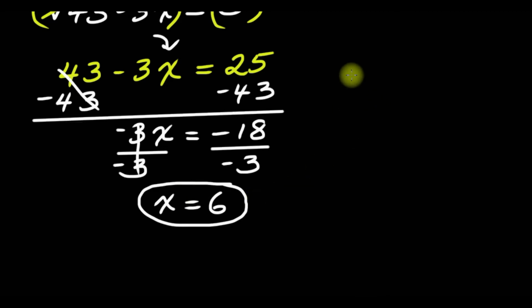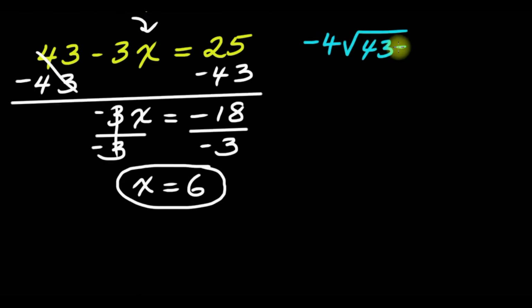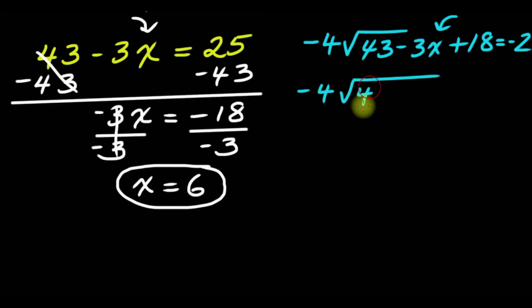To check it, we have to bring back the original equation. The original equation is negative 4 times the square root of 43 take away 3x, plus 18, is negative 2. We're going to plug the 6 in here. So we have negative 4 times the square root of 43 take away 3 times 6, which is 18, plus 18 is negative 2.